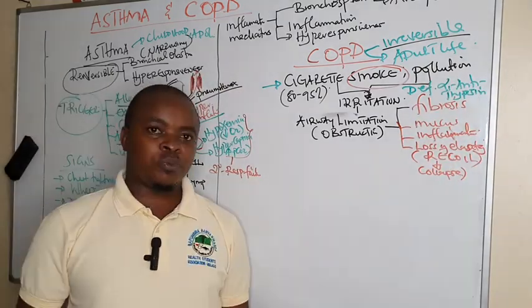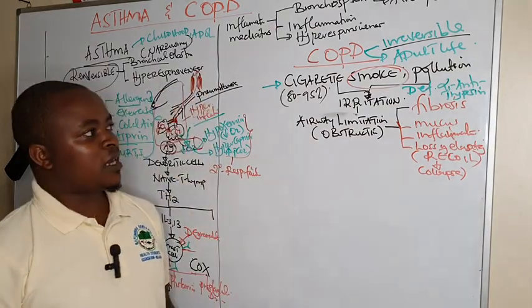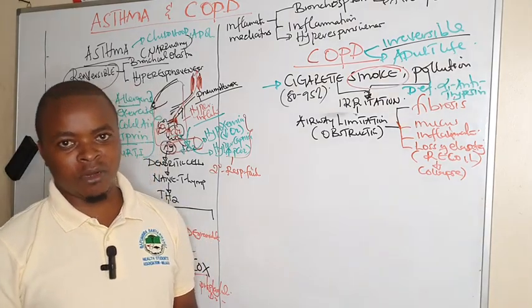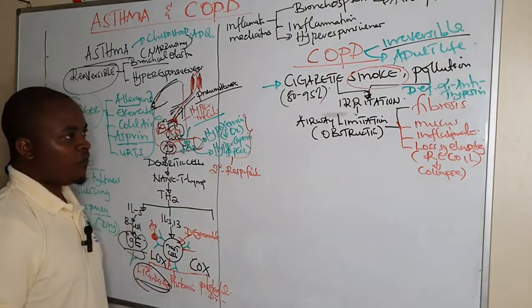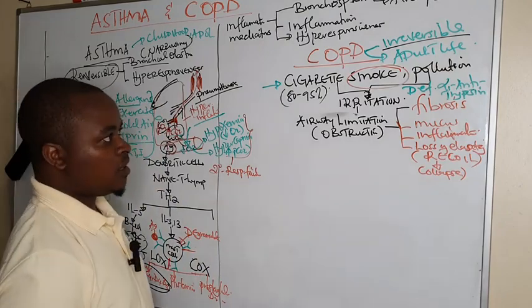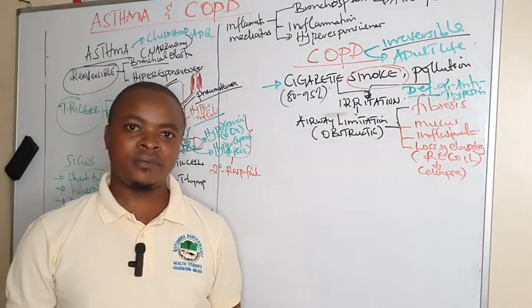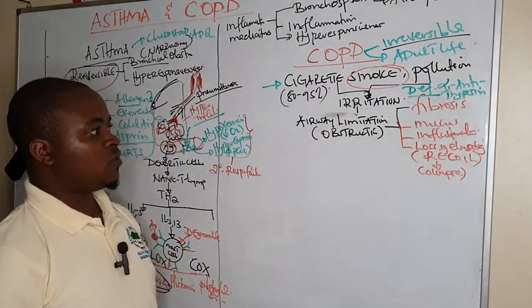It can also progress with influenza and pneumococcus. They can also bring about that, especially viral infection like influenza. Then genetic conditions like deficiency of alpha-1 antitrypsin can also trigger it.